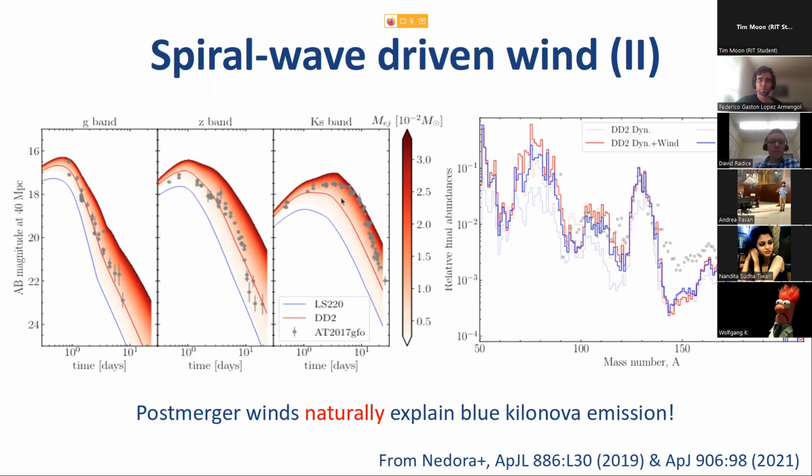But again, we don't have self-consistent simulations that produce that. So what I'm showing here in this diagram is a light curve in which the red model is this long-lived remnant that we have evolved for 100 milliseconds after merger. And here, in order to explain the infrared data, we have to artificially increase the amount of ejecta mass by a factor of a few.